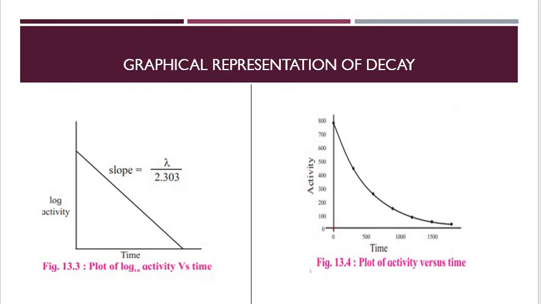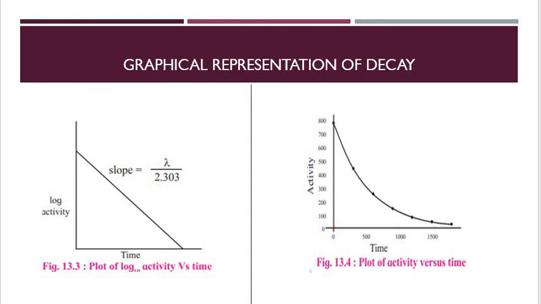Now, graphical representation of decay. A plot of log base 10 N versus time gives a straight line, and the rate of radioactive decay at any instant is proportional to the number of atoms of the radioactive element present at that instant.